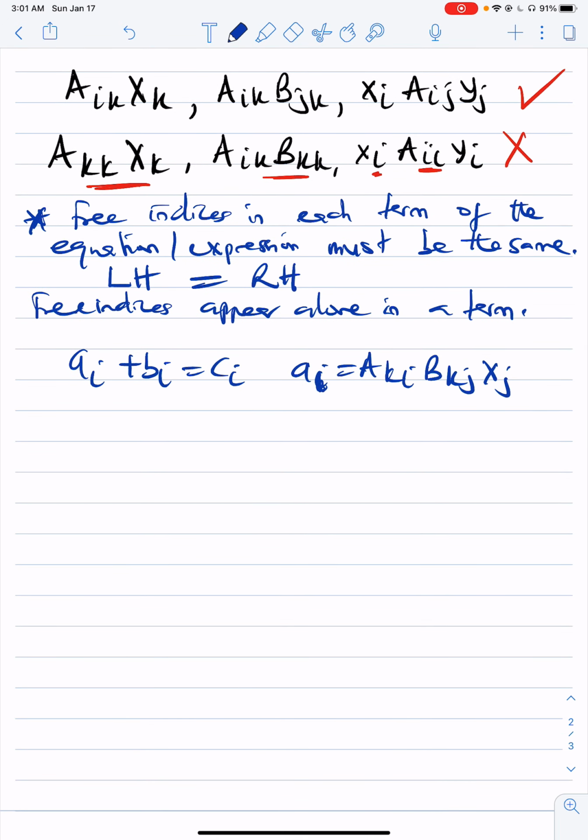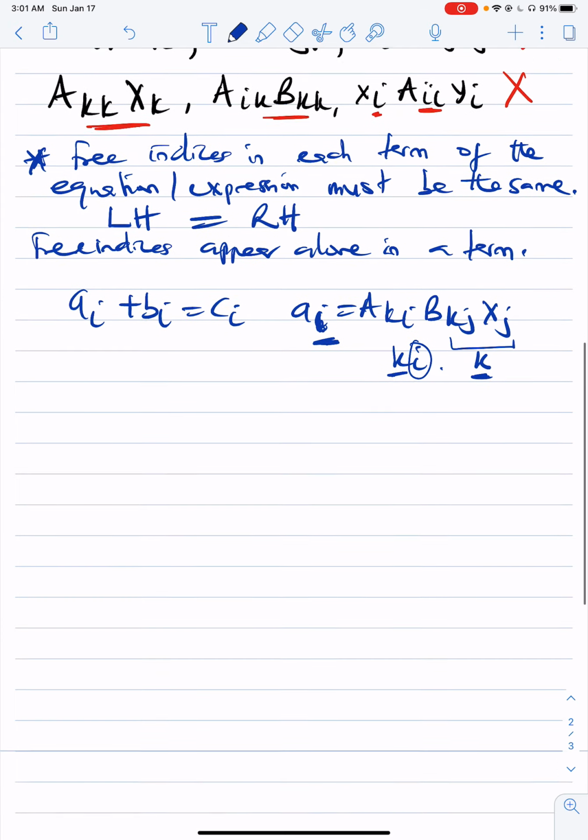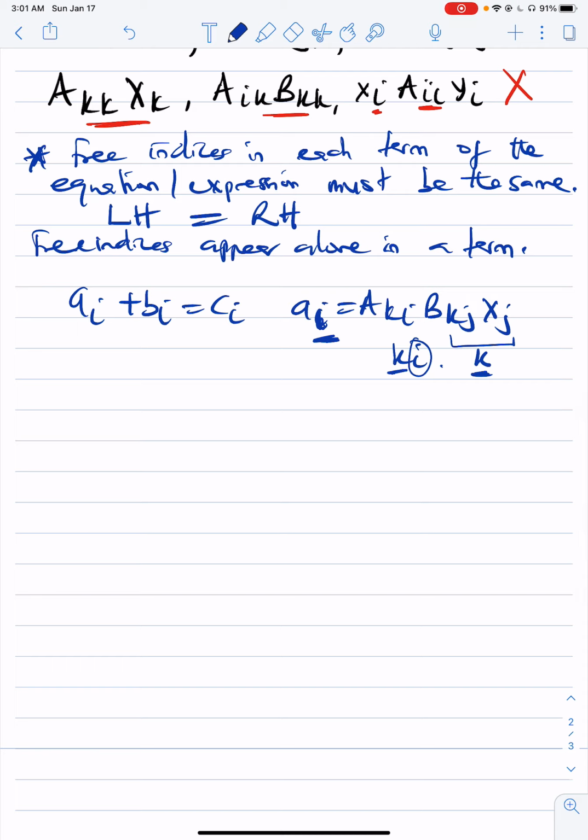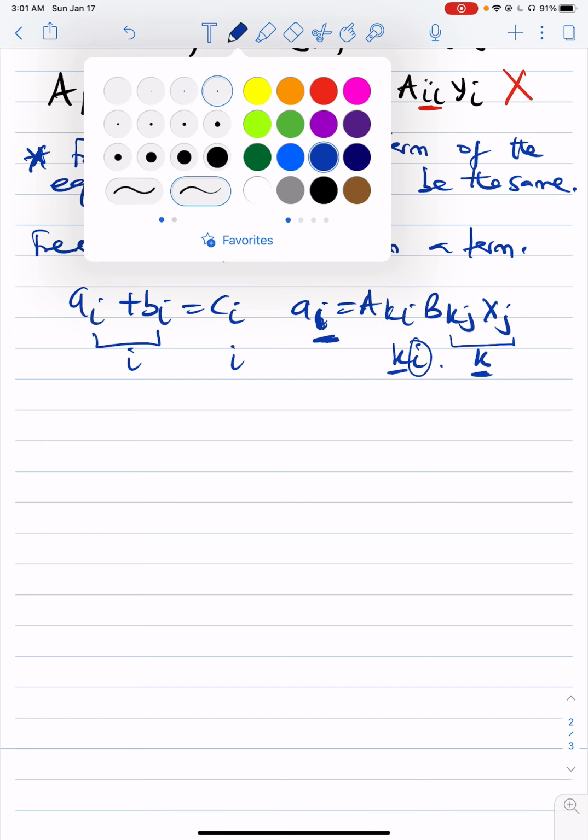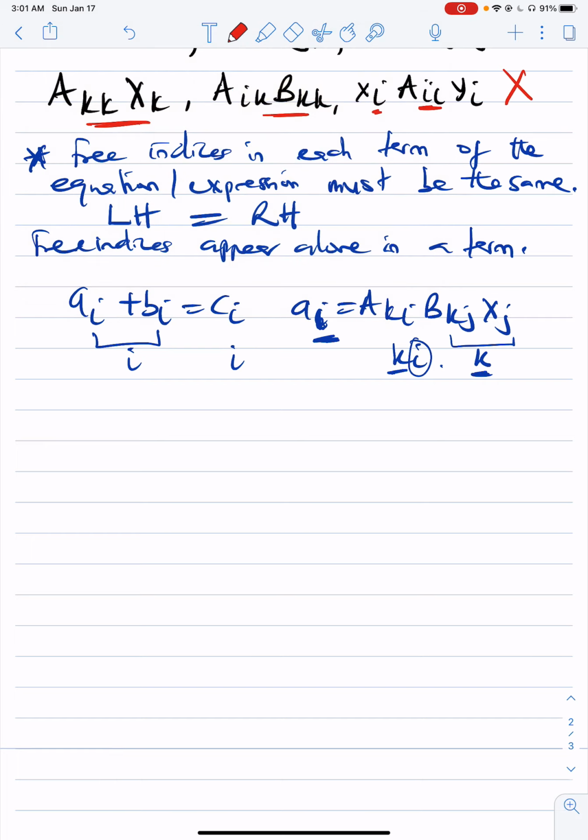By the time you are done summing over the j's and the k's, you have a k here and a k there. This k in this case leaves you with an i remainder, which is equal to what you have on the left. It may look crude, but that gives you a visual understanding. So you have two i's, you can add the two i's to still give an i. So this is accepted.